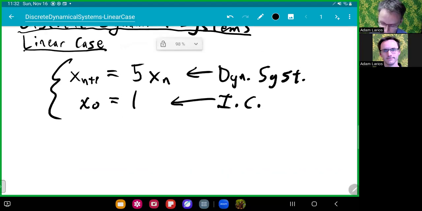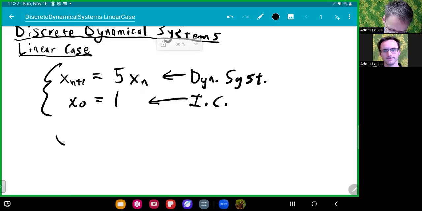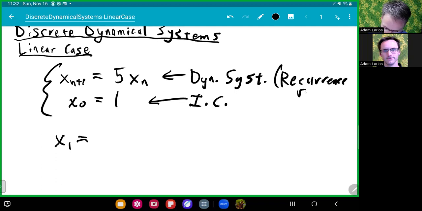Of course, getting the first few values of these is pretty straightforward. For instance, if we want x1, then by our dynamical system, which we'll call a recurrence relation, x1 is just, of course, we can write this as x0 plus 1.